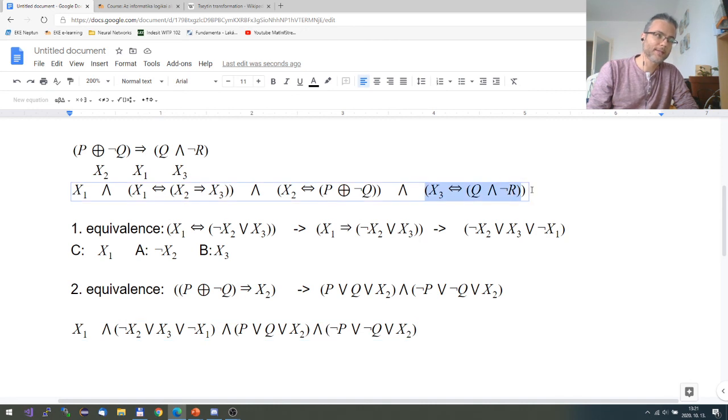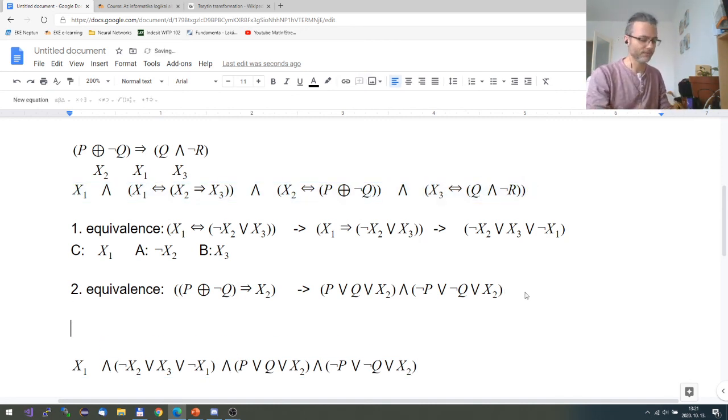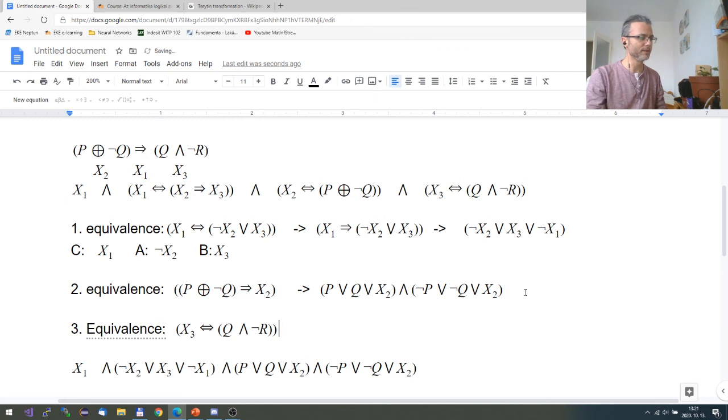Okay, so let's do the same together for the third equivalence. Please help me. What to do with this equivalence? Can we simplify it or we cannot?